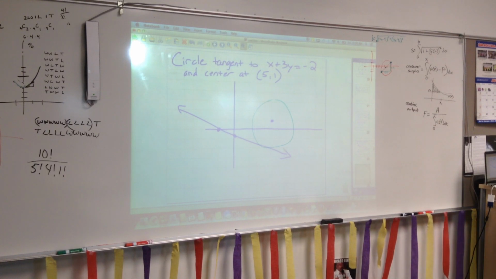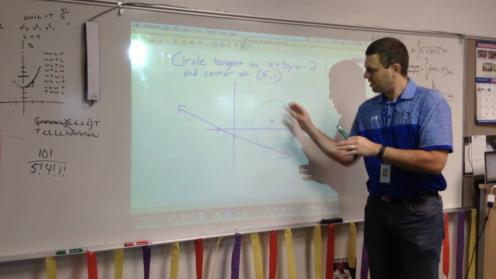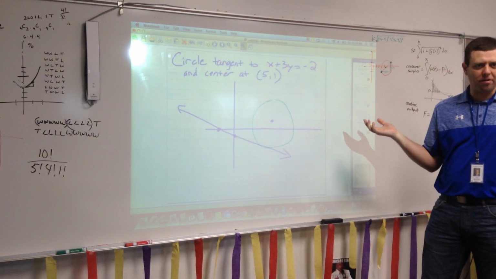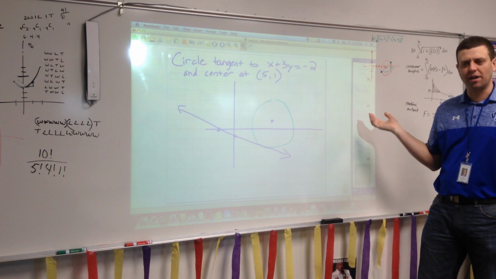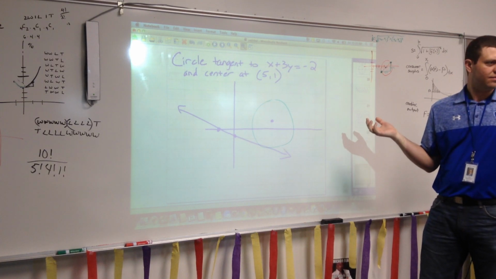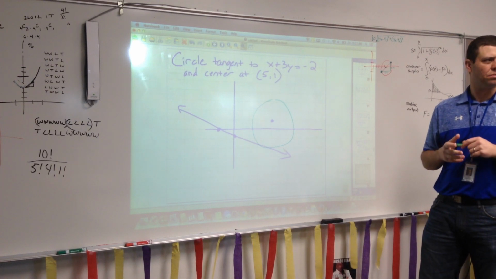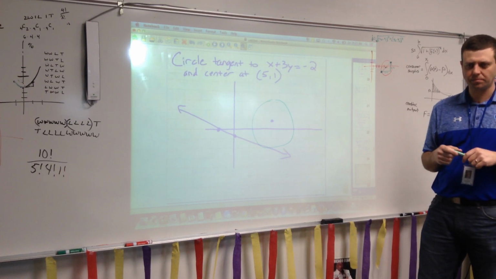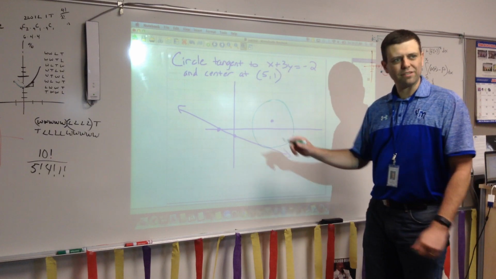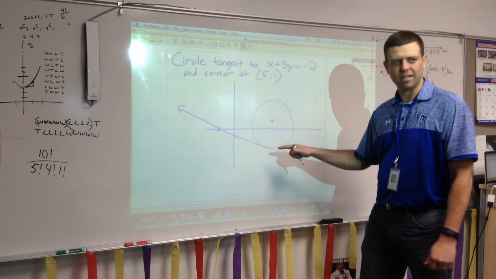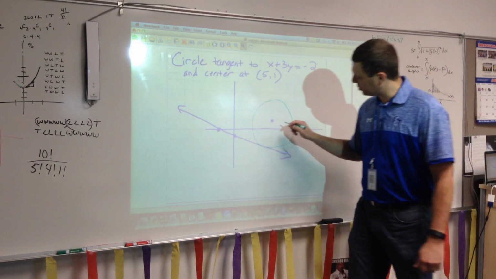Alright, so I need a circle that has this for a tangent line. Well, the tough part here is obviously figuring out the radius. Here's how you would go about doing that. If I have a circle that's tangent to this line, there's one thing that is true.